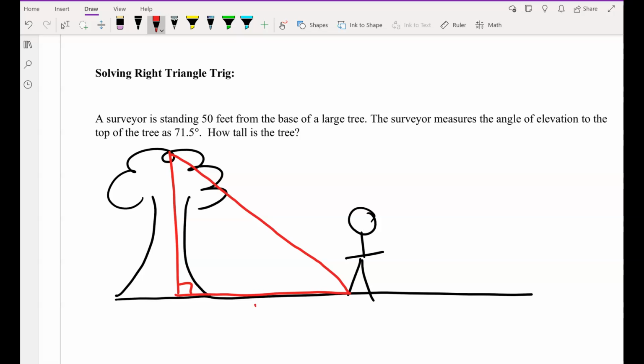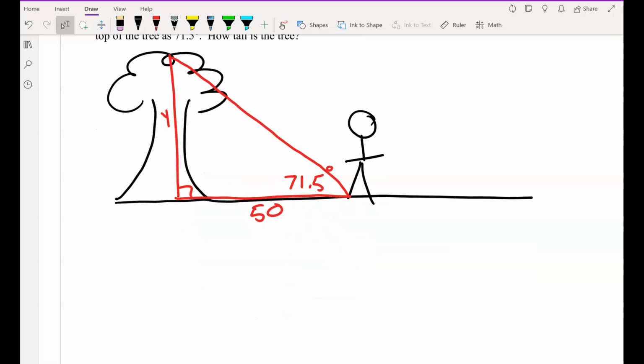I'm going to label what I know. I know that's 50, and I know the angle of elevation is 71.5 degrees. So now I need to figure out how tall the tree is. I'm just going to call that y for how tall the tree is. And I need to choose a trig function.